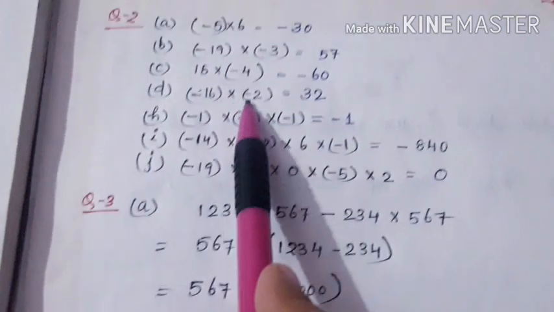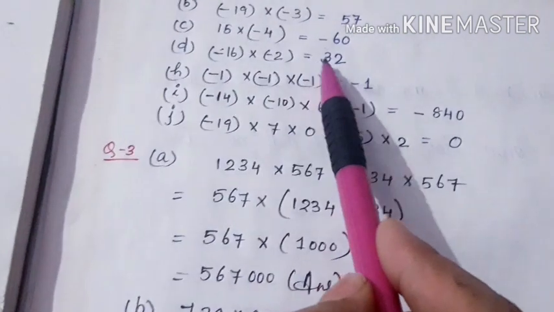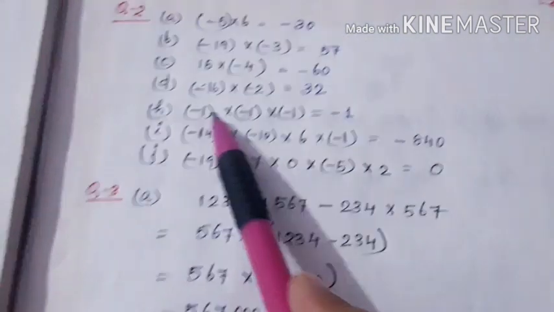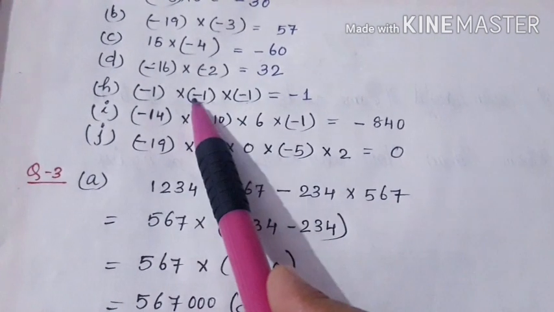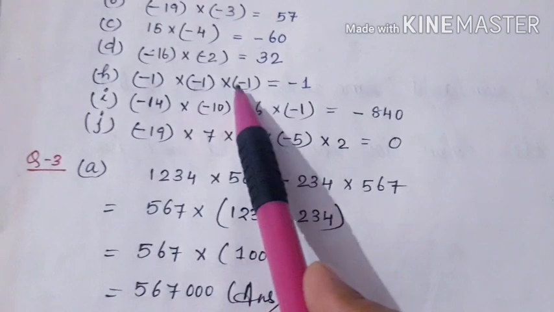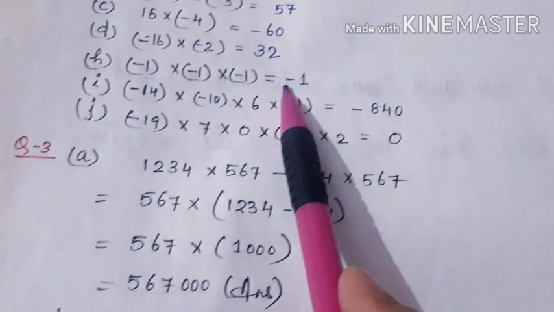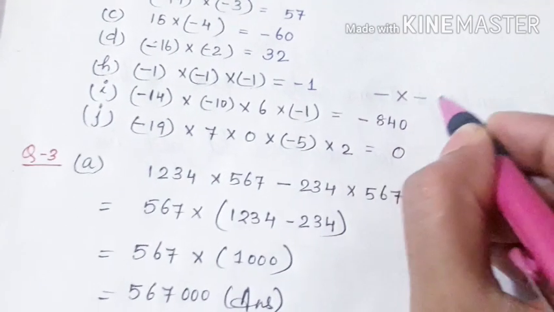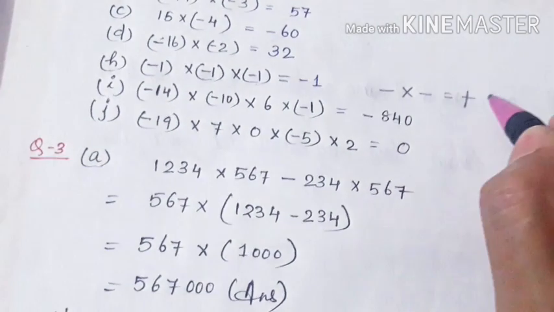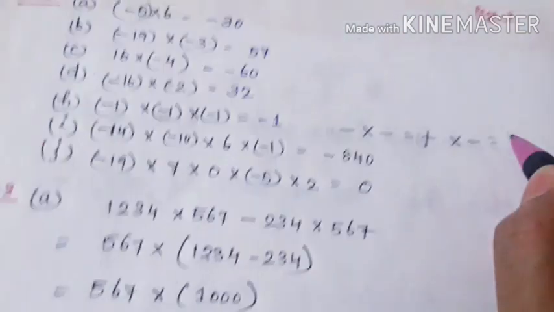Minus 16 into minus 2: minus into minus is plus, 32. Then minus 1 into minus 1 into minus 1. In this case, minus into minus is plus, then plus into minus you will get minus.